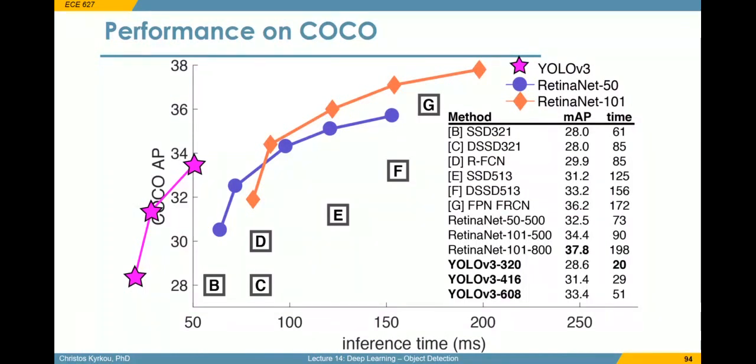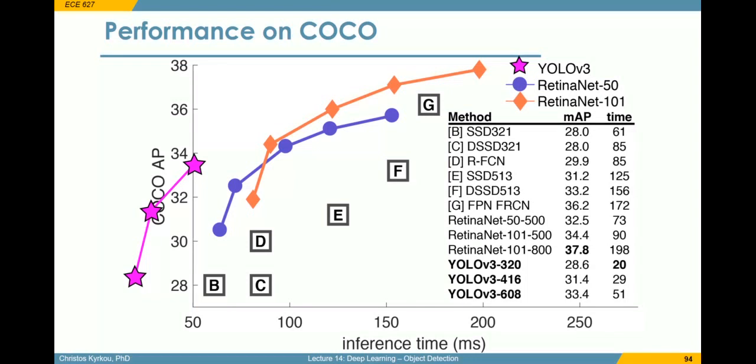So you see here that the one-stage RetinaNet detector with the focal loss outperforms all previous works on the COCO dataset, including the best reported Faster-RCNN method. But if you look at YOLO v3, it's close in terms of accuracy, but is much faster in terms of speed.